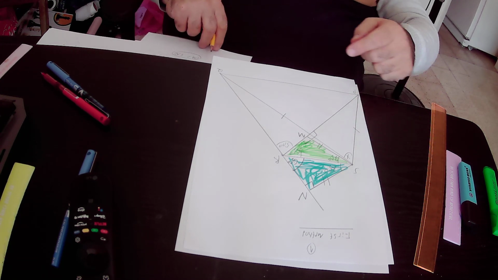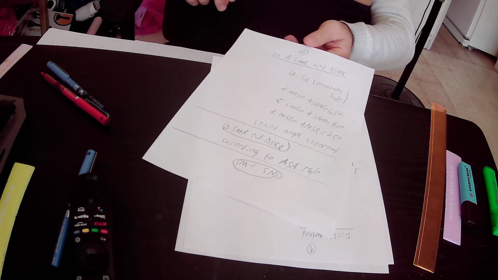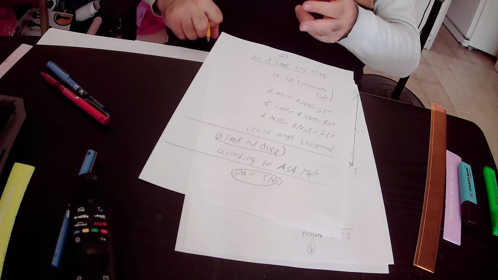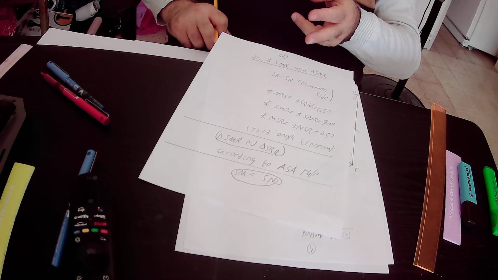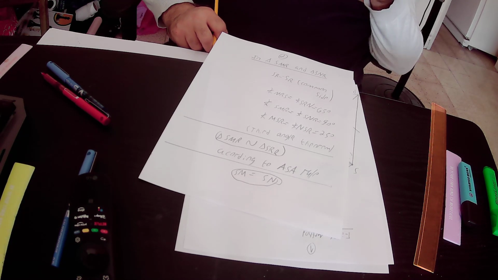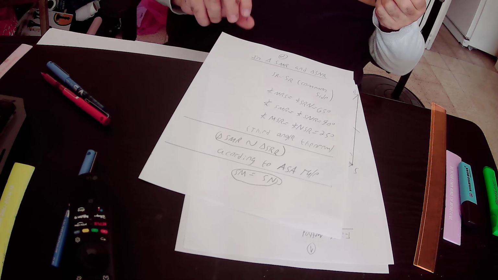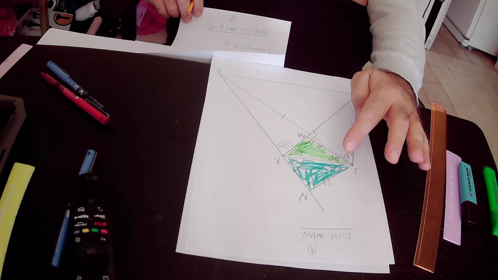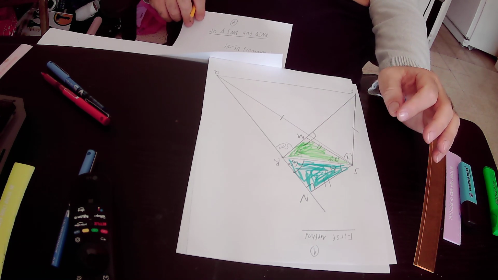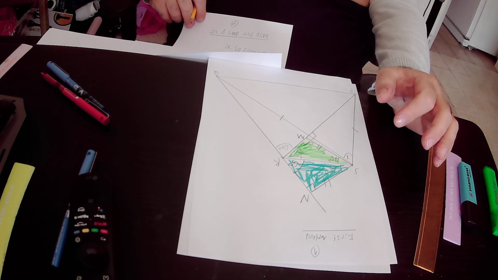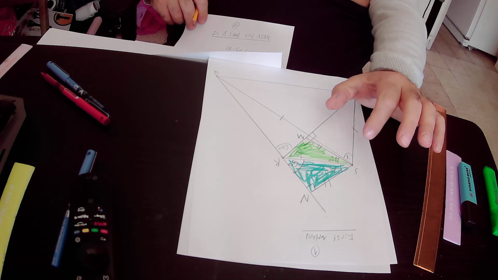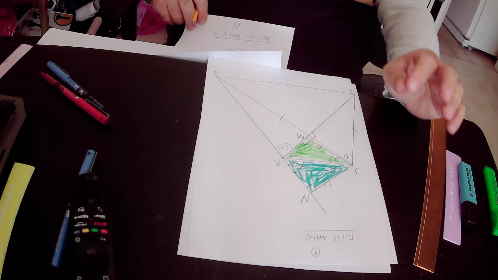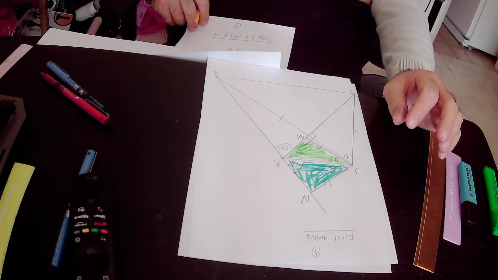So we can conclude from the fact that the green triangle can go into the blue triangle that SM equals SN according to the rule that corresponding sides in congruent triangles are equal to each other. Actually, we know that the green triangle is congruent to the blue triangle. Therefore, the two corresponding sides, that is to say SM and SN, will also be equal to each other. Okay?